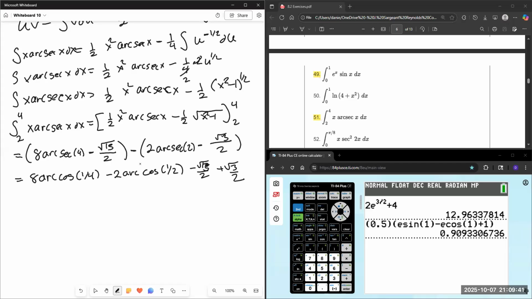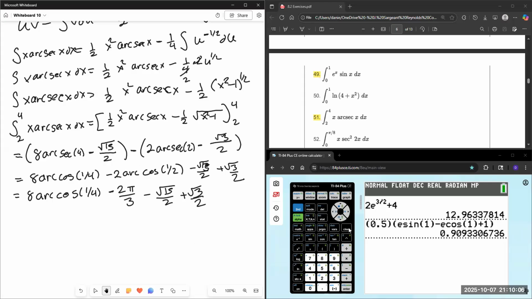And arc cosine of 1/2 is pi over 3. So this is exactly 8 arc cosine of 1/4, which is irrational, something that we'll have to estimate with a calculator, minus 2 pi over 3 minus root 15 over 2 plus root 3 over 2.